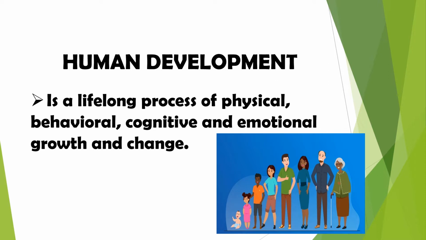One aspect involves biological and physical development. The size and complexity of the human body change dramatically between conception and maturity. Another aspect involves cognitive or intellectual abilities and processes. What children know, learn, and can remember changes greatly as they grow with time.